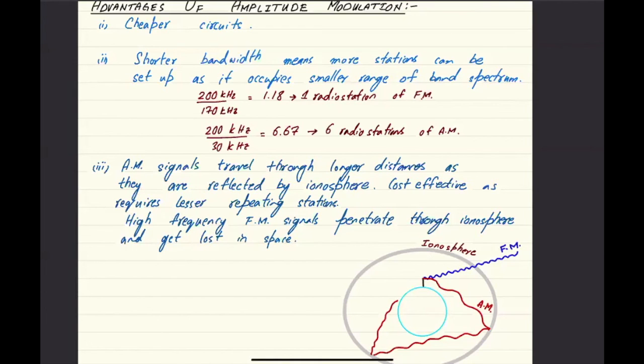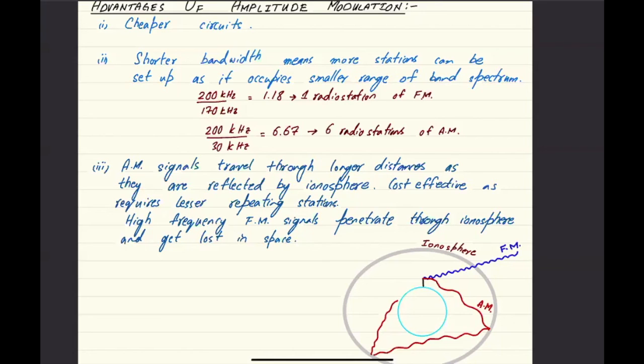And since they occupy a smaller range of frequencies, you can set up more radio stations. For example, you have a 200 kilohertz range of frequency available. If FM has a bandwidth of 170 kilohertz, since you require 200 kilohertz to set one radio station, you would be able to set up only one radio station in that available range of frequency.